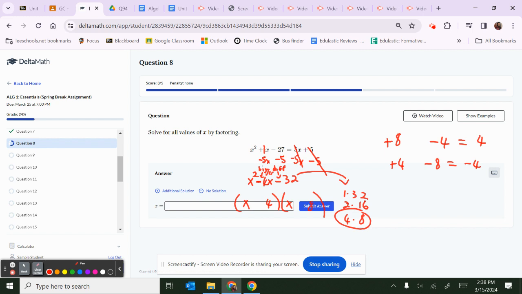And 8 is a bigger number, and we did know that we have a negative 8 and a positive 4. Now you flip the sign so you can find the values of x to be negative 4 and positive 8. And again, it doesn't matter which one you type in first. So again, a negative 4 and a positive 8.